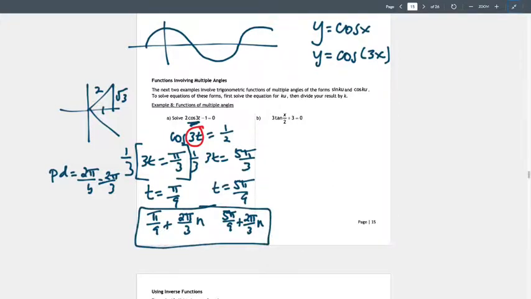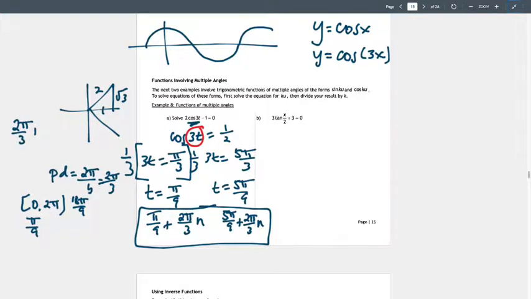Now, if it had asked for 0 to 2 pi, then you would have said pi over 9, and you would have had to keep adding the period up until you got to 2 pi. Well, 2 pi is the same thing as 18 pi over 9. You need a common denominator. So when I add the period, I'm adding 2 pi over 3.